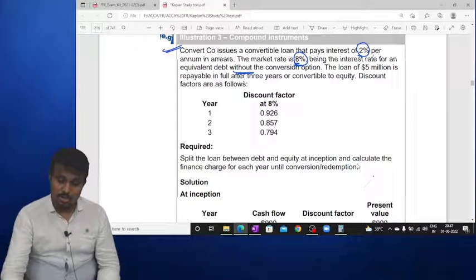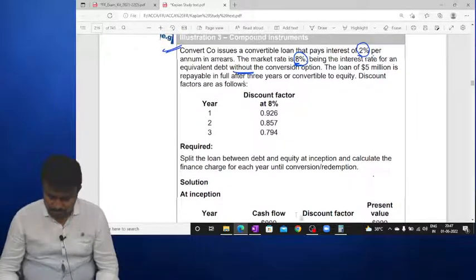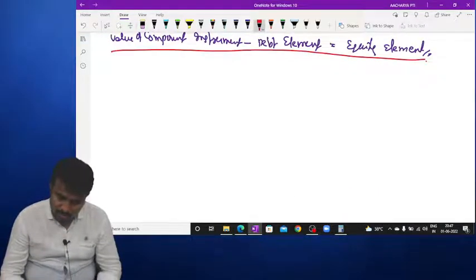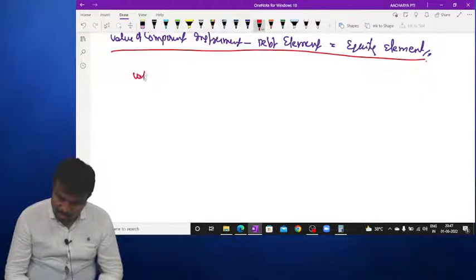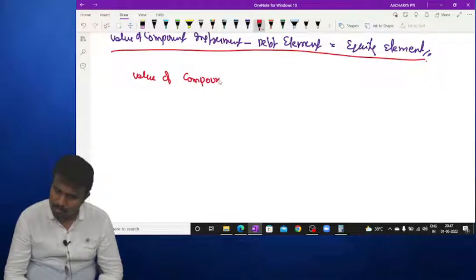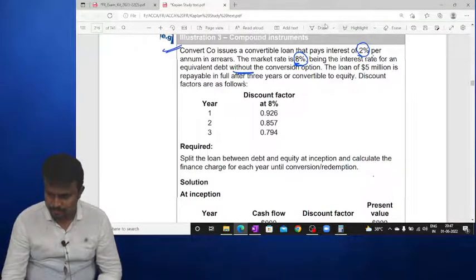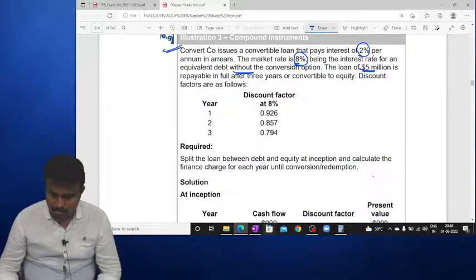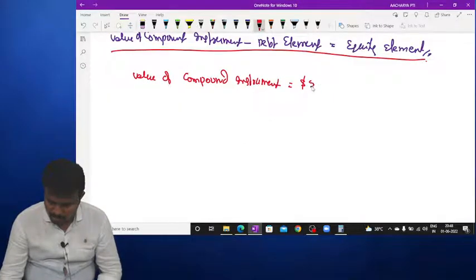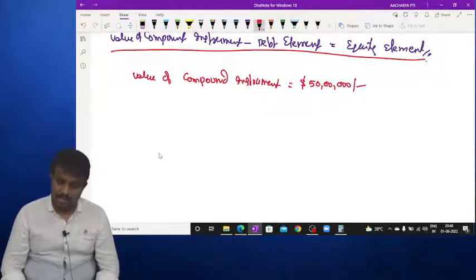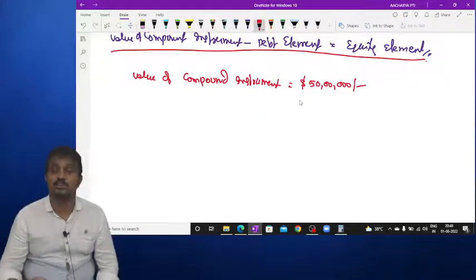Clear? So here we need to calculate the value of the compound instrument, which is equal to $5 million. Then we need to split this amount into debt and equity.